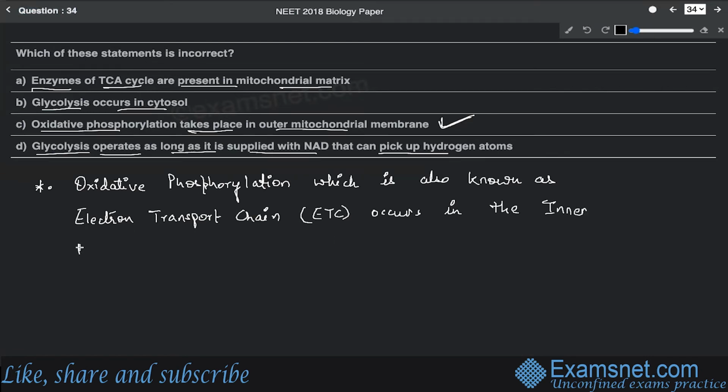So this basically occurs in the inner mitochondrial membrane, and not in the outer mitochondrial membrane.